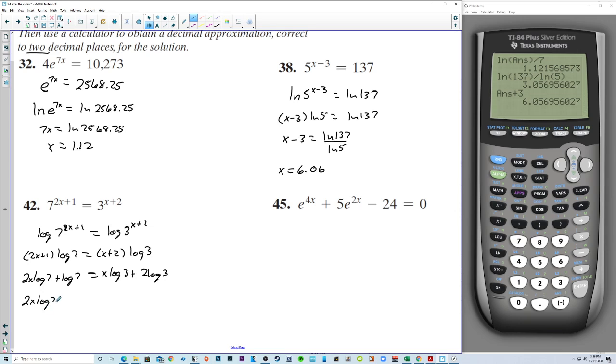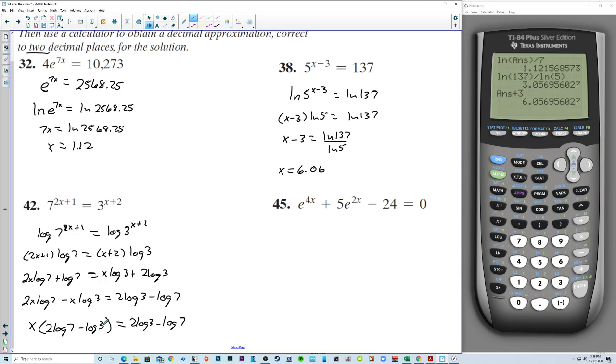So 2x log 7 minus x log 3 is equal to 2 log 3. Now this one doesn't have an x, so let's get it to the other side, minus log of 7. And we can factor out an x. So x times 2 log 7 minus log 3 is equal to 2 log 3 minus log 7.